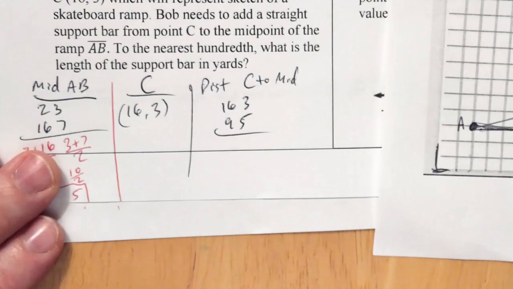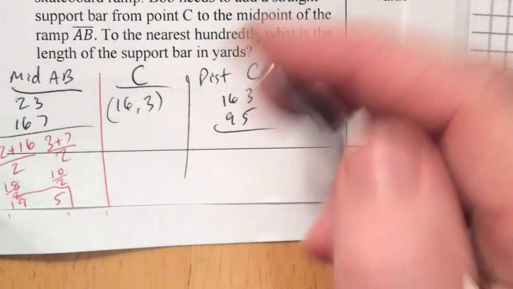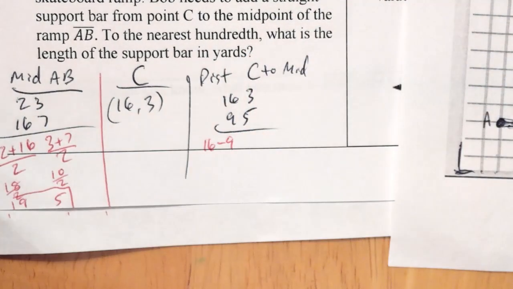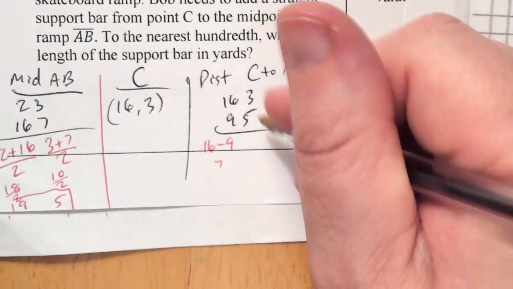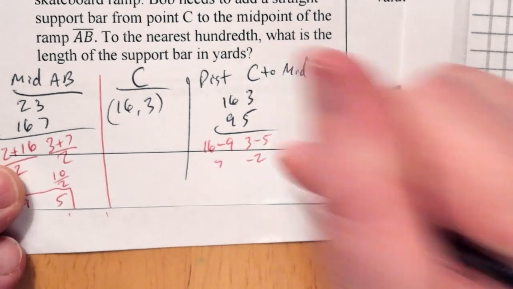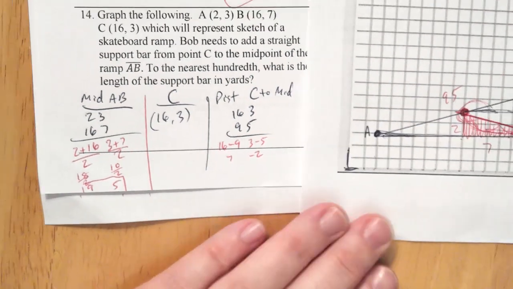So 16 minus 9 gives us 7, and 3 minus 5 gives us negative 2. Hey, those are the same numbers I said a second ago, a 7 by 2.